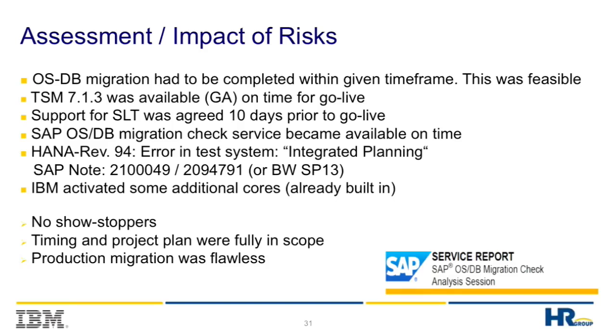We had some coding errors in HANA revision 94, so fixing those was also part of the project. As I said before, the customer was running on x86 with revision 92. No problems, all was running fine, but we forced him to migrate to 94 because that was the only supported version with the BW 7.31 stack, so he had to do that.